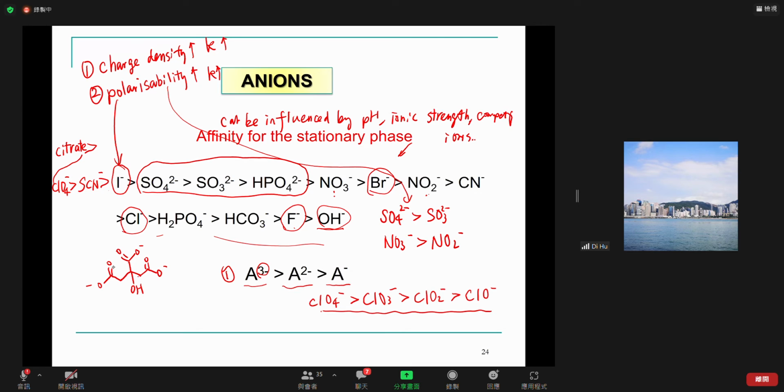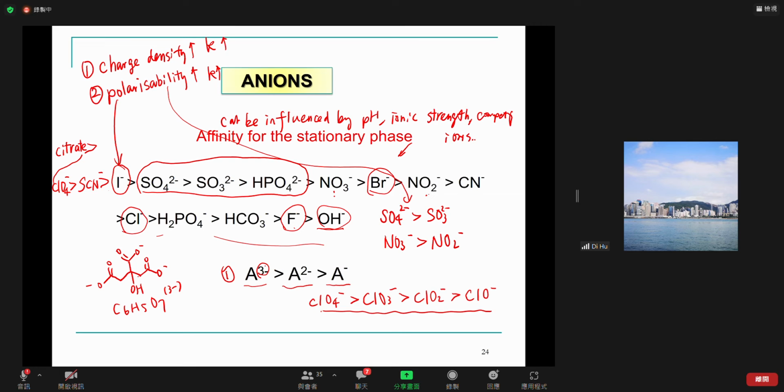So it has C6H5O7 and it's 3 minus. This one is citric acid. This one is A3 minus, so it has the largest retention.